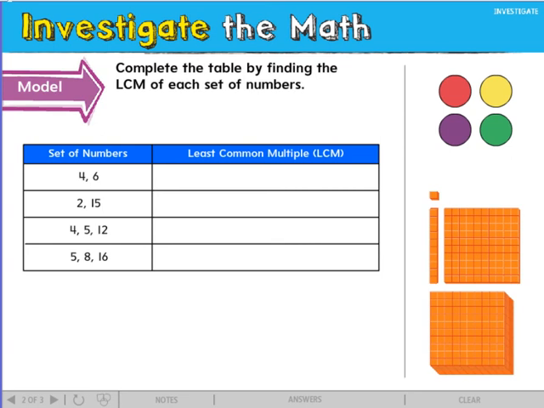So, we're going to look at these numbers, and we're going to come up with the least common multiple for these sets. 6 and 4. I will tell you, this is the easiest way that I have found to do it. Pick the largest number first. We're looking at 4 and 6, so 6 is the largest number.